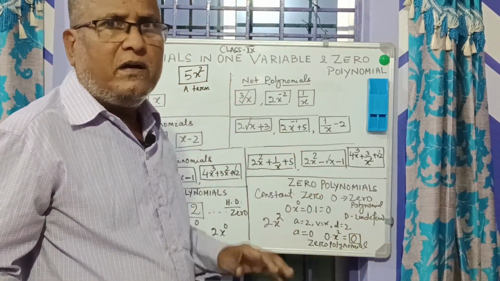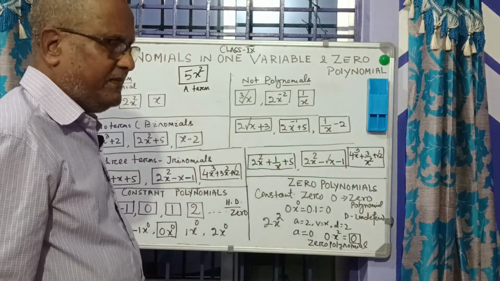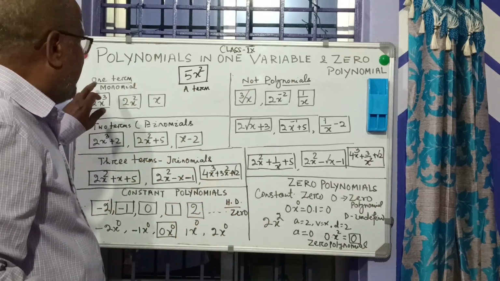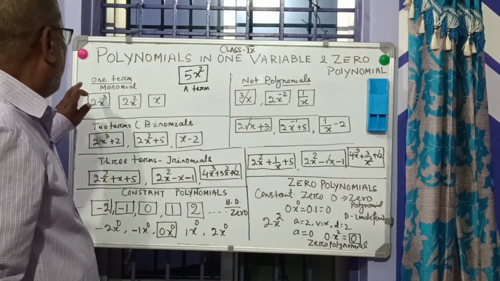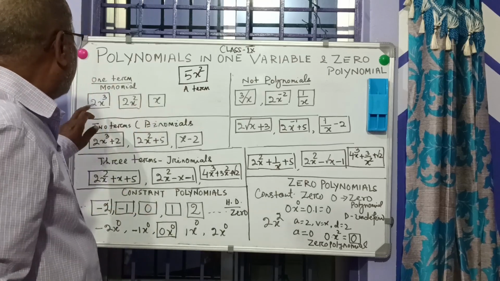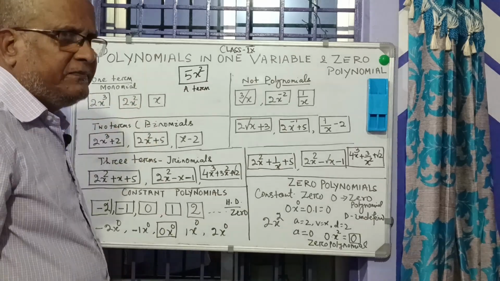So let us discuss some examples we have written here. Please look at the first series: polynomials having one term. I have written here three terms: 2x cube, 2x square, x.